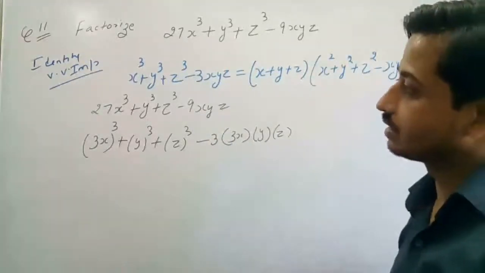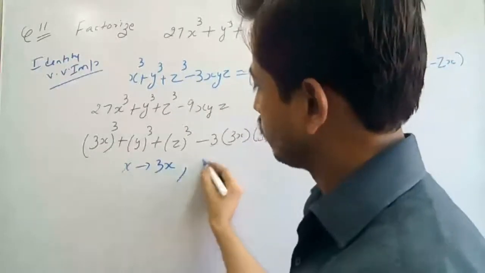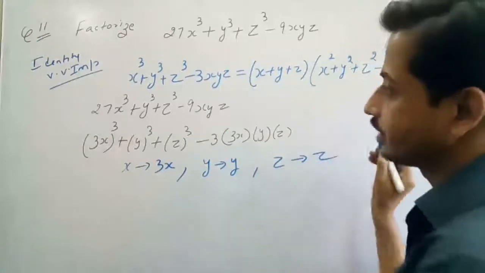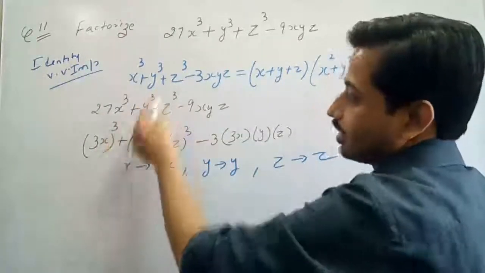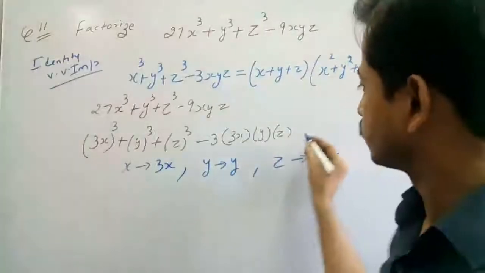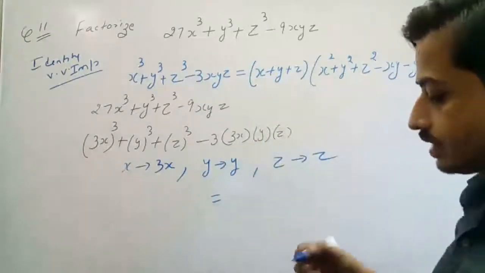So what's the result in this? Our x is 3x, y is y and z is z. So what's the identity's result? So this is equal to x plus y plus z.